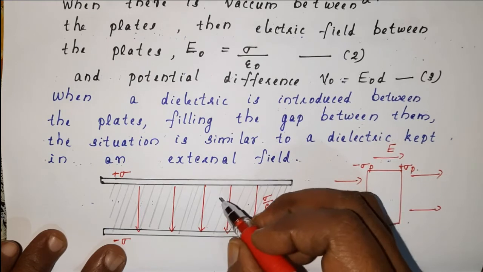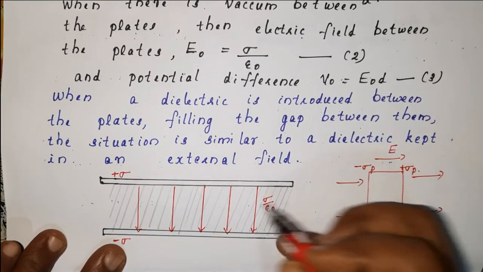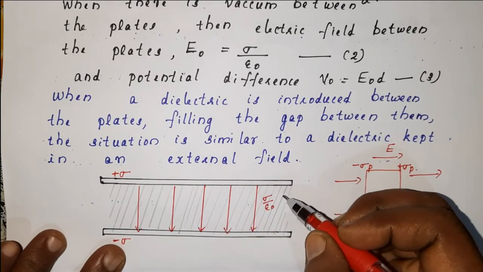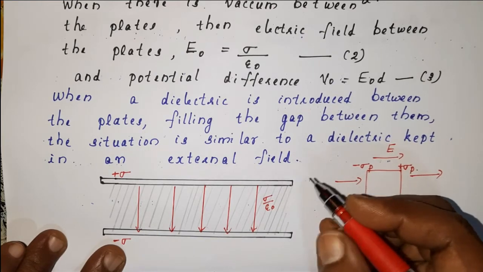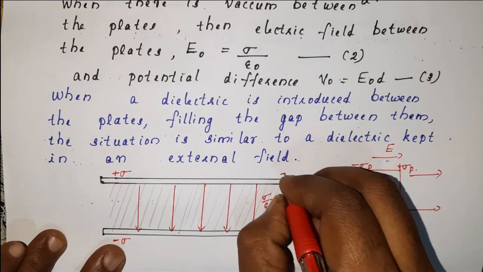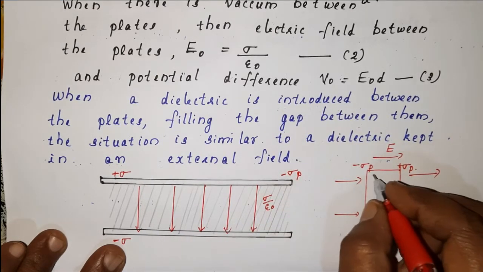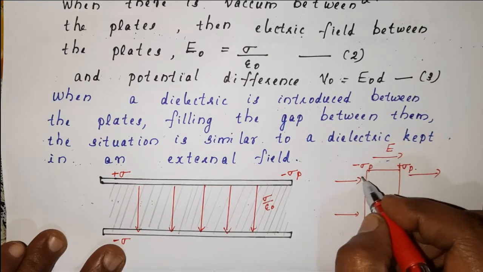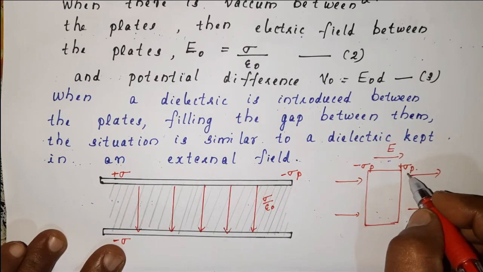You have a dielectric in the gap between the plates. Since there is an electric field, that electric field causes polarization in that dielectric. Because of that polarization, there will be a surface charge density minus sigma p on the upper plate side. This is the way, no? Left to right means left side you have minus sigma p and right side you have plus sigma p.